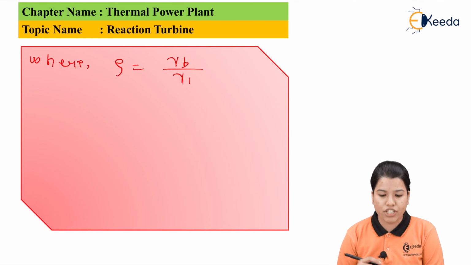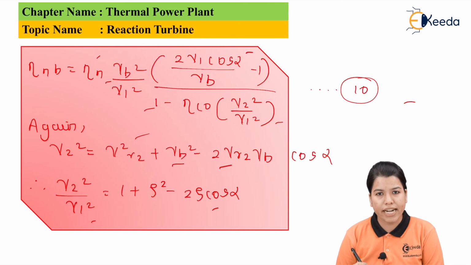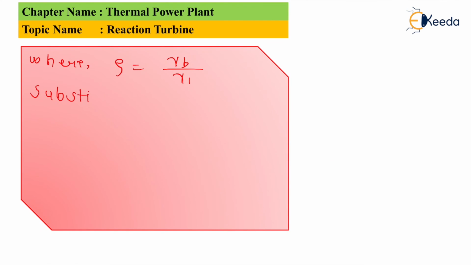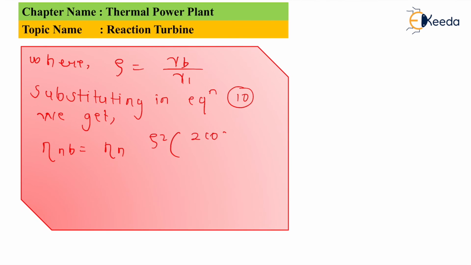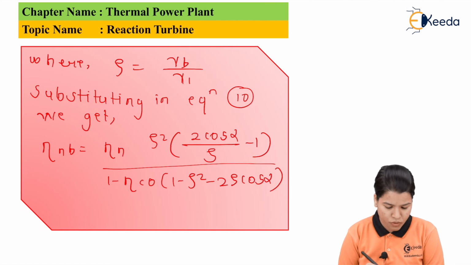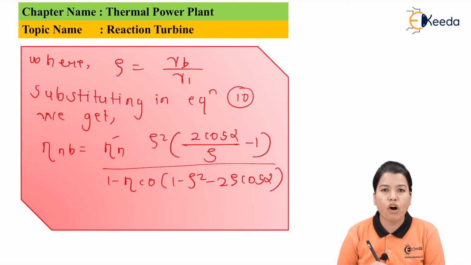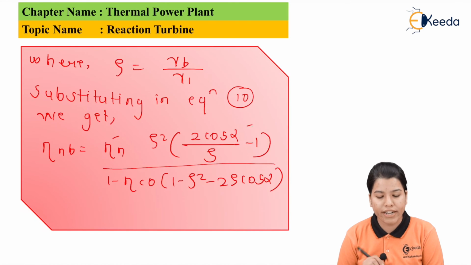Now substituting this equation in equation number 10, we get combined efficiency of nozzle and blade is equal to nozzle efficiency multiplied by rho square multiplied by 2 cos alpha divided by rho minus 1 whole divided by 1 minus carryover efficiency multiplied by 1 minus rho square minus 2 rho cos of alpha.